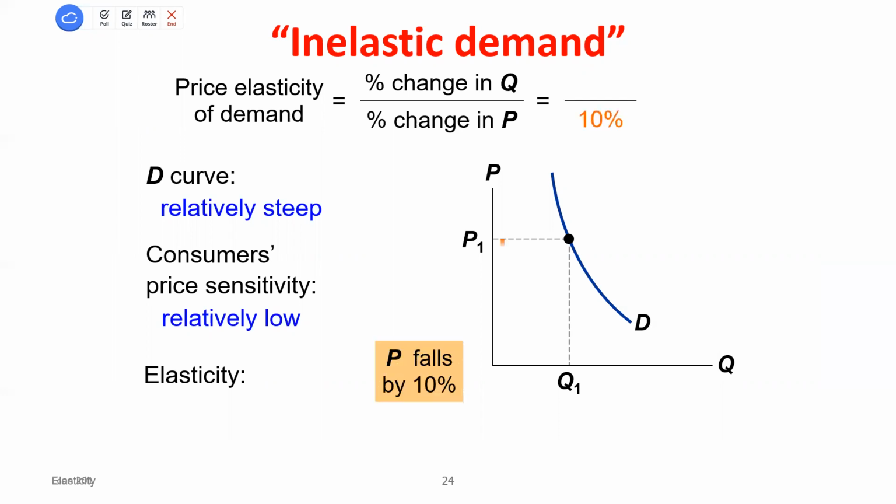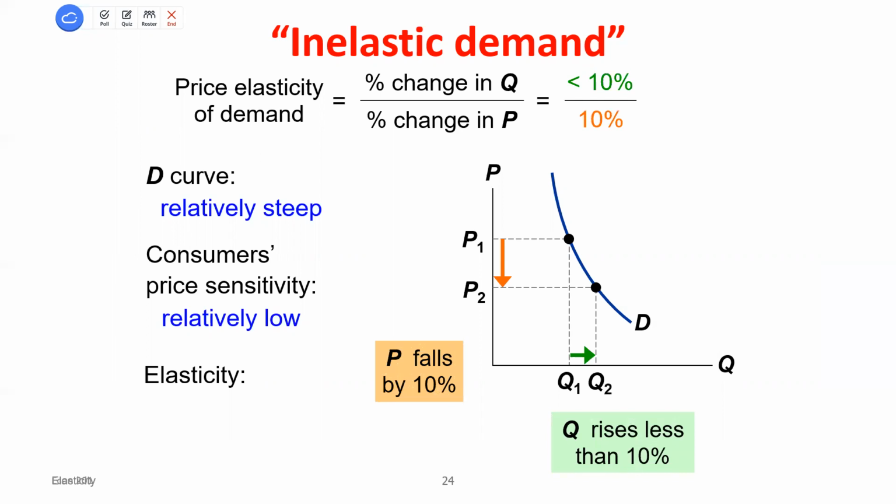And what that means is I'm seeing a pretty large percentage change in price but a pretty small percentage change in quantity demanded. If the price fell by 10% and the percentage change in quantity demanded is less than 10%, the numerator is smaller than my denominator, and I end up with an elasticity that's less than 1.